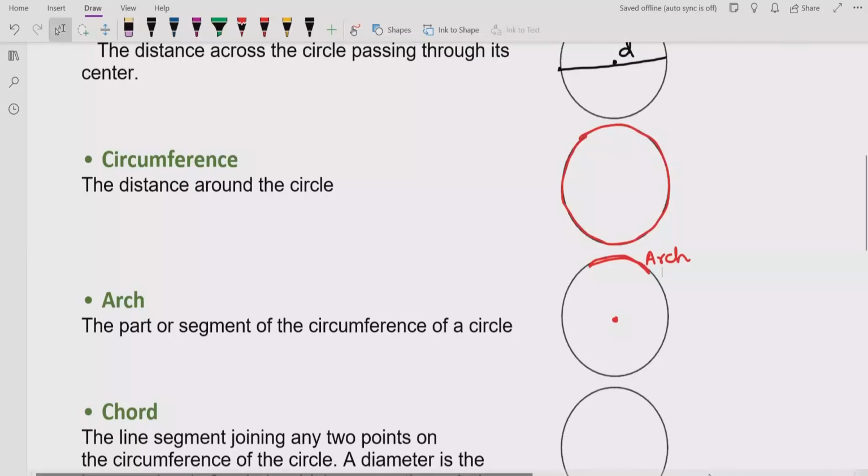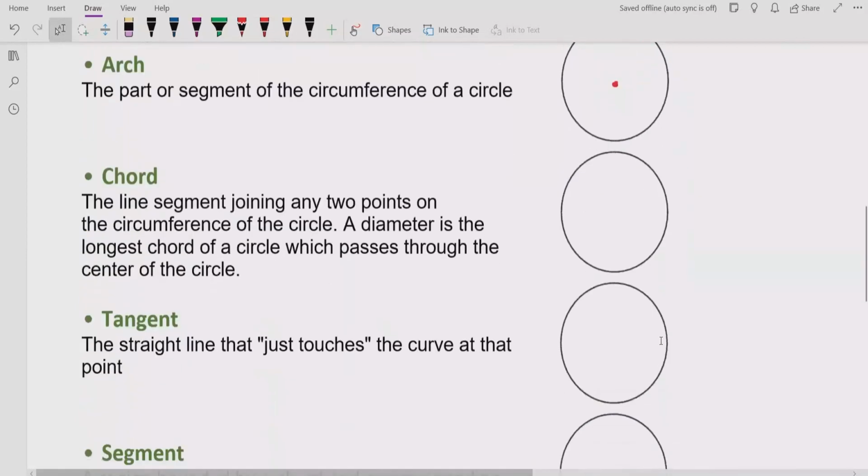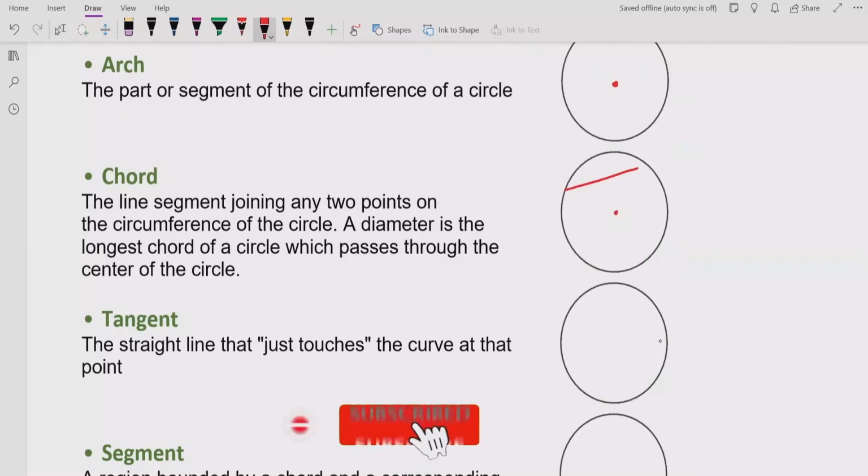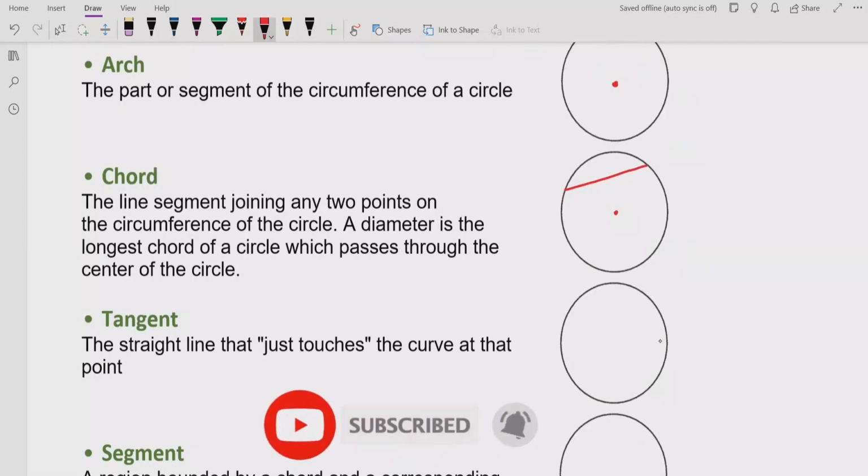So this is called the arc. Now let's talk about the chord. A chord is a line segment joining any two points on the circumference. Suppose we have the center of the circle and a line segment joining any two points on the circumference. It's called a chord, like this.